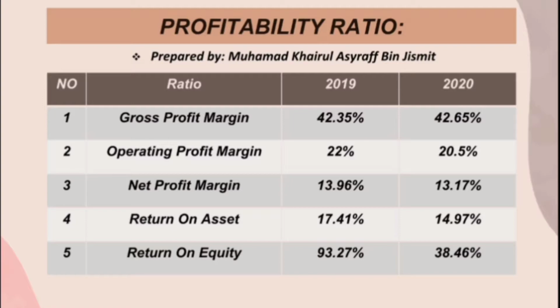Second, the percentage of operating profit margin from the year of 2019 to the year of 2020 is decreasing from 22% to 20.5%. It indicates that the company has bad productivity due to the lower percentage year by year.